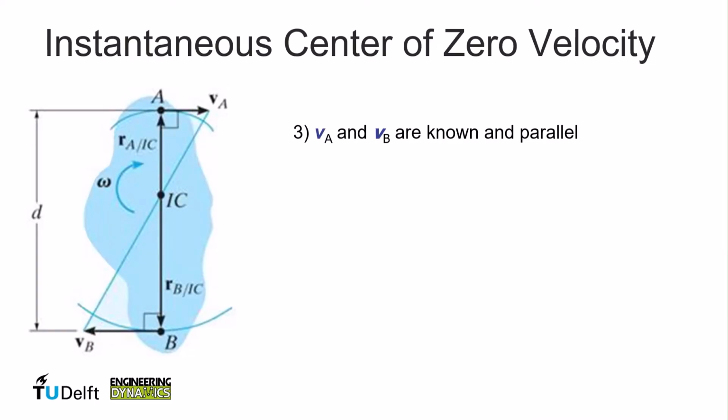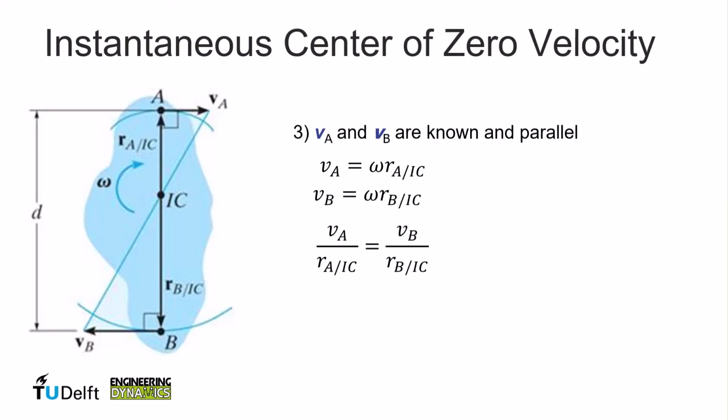A more robust approach is to use the relative position vectors RA/IC and RB/IC, both shown here. As we know, the magnitude of VA and VB can be calculated as given. This can be rearranged in the equation that I just showed.